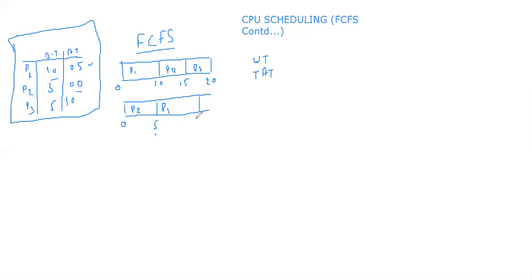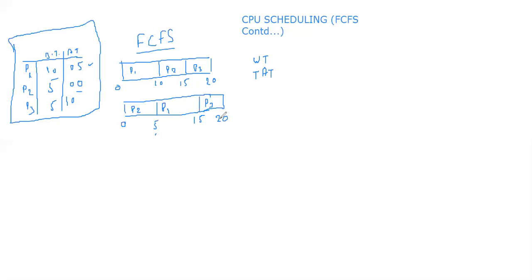So P1 will get executed for 10 units of time, that is up to 15. At 15, the system again checks whether any other process has arrived, and one more process has arrived, that is P3. Now P3 gets its chance and executes up to 20 units of time.